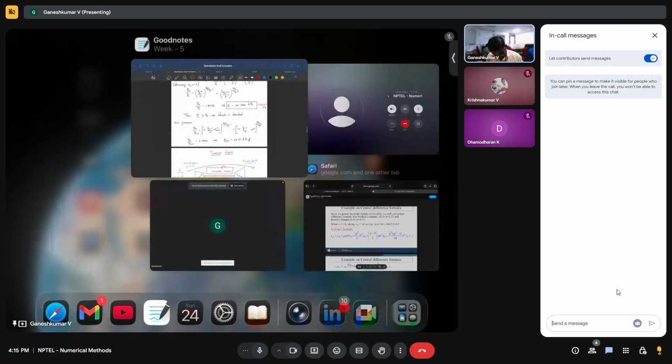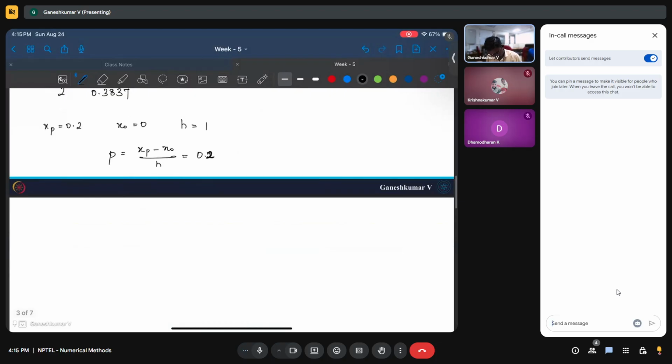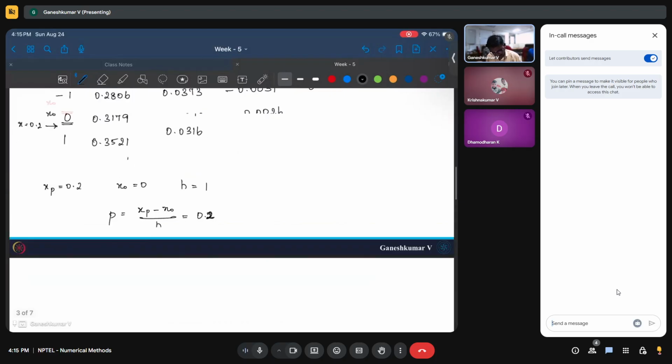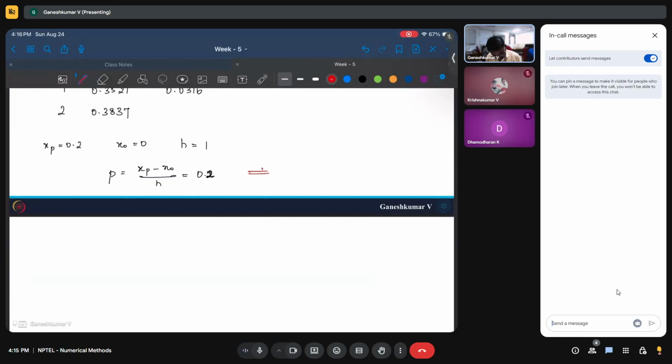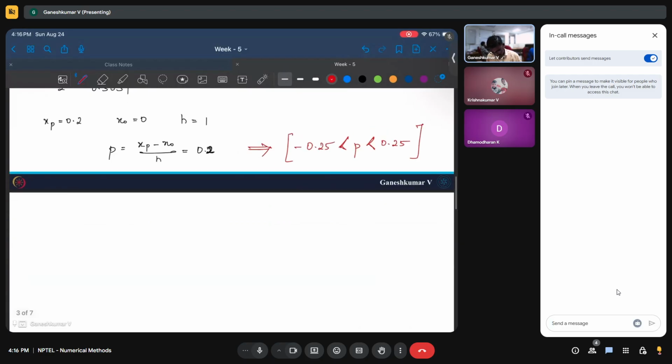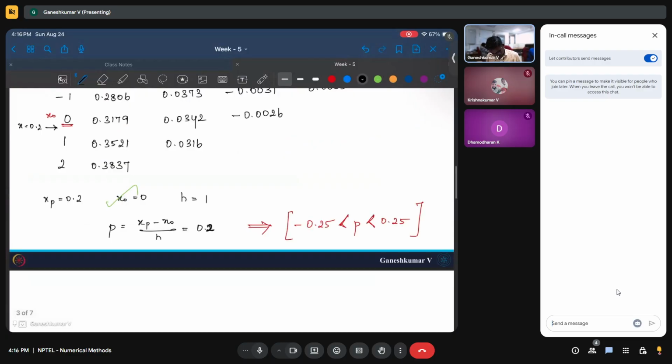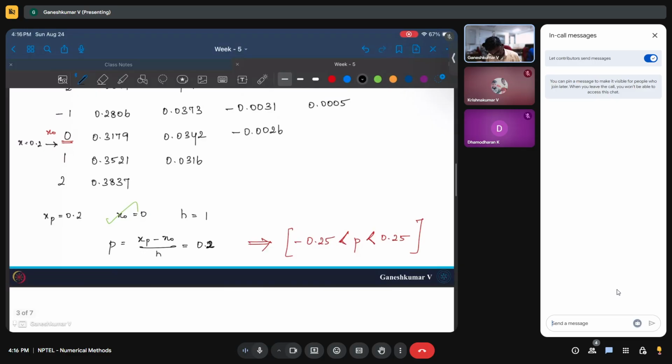So if you take x naught to be 0, then that satisfies this condition, minus 0.25 less than p less than 0.25. So that's why x naught is 0. All right, so we know p.